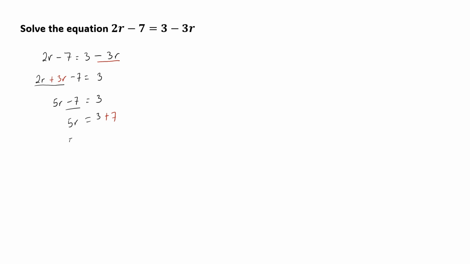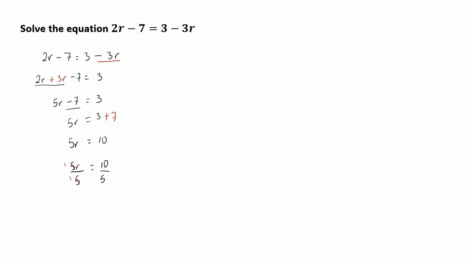So we have 5r equal to 10, and since 5 is the coefficient that is being multiplied to our r, that means that both sides of your equation will be divided by 5. And now we are going to simplify, and 5 divides into 5 will leave us with 1.